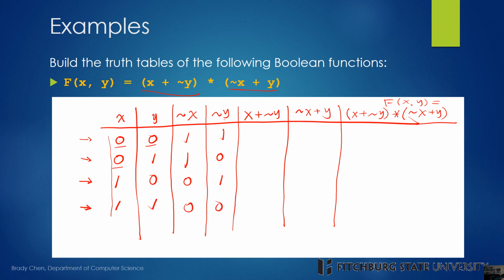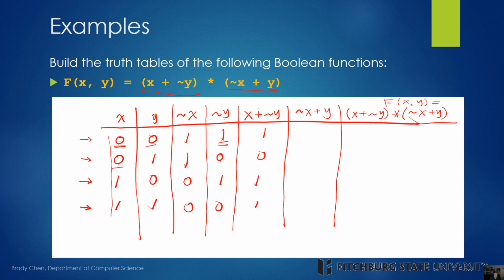And then we build x plus tilde y. This is actually the OR operation. So x or tilde y: 0 or 1, you get a 1. 0 or 0, you get a 0. 1 or 1, you get a 1. 1 or 0, you get a 1.